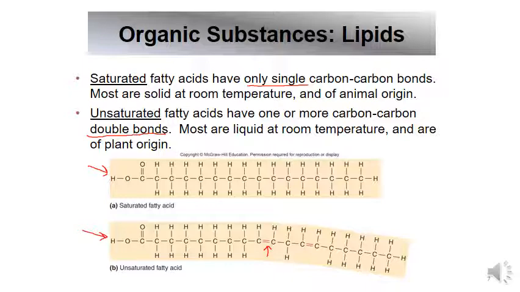Having these double bonds in the fatty acid makes that triglyceride more liquid. And so the unsaturated fats are oils, so plant products, but saturated fats, think butter, lard, so animal products are the saturated ones.